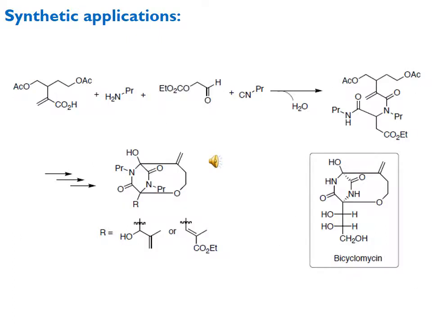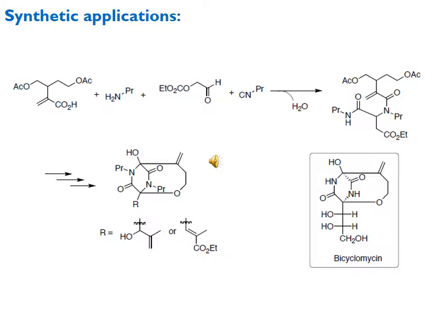There were a lot of examples for this Ugi reaction, but I have summarized these reactions into some specific ones which are basically related to drug molecules. And so this is the last example for this Ugi reaction.